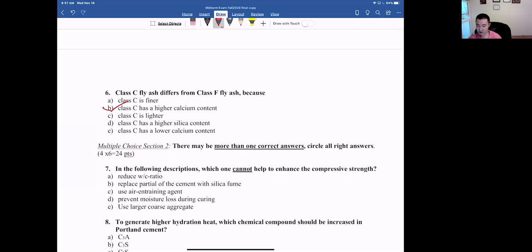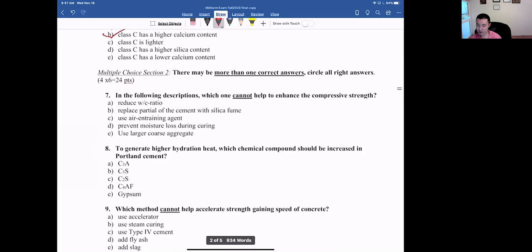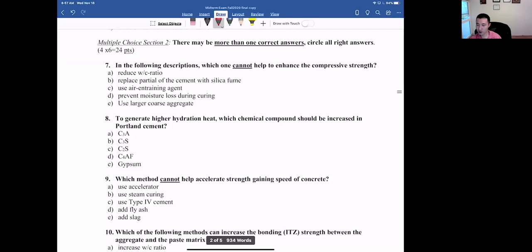For the next multiple choice questions, 7 to 12, we could have more than one correct answer. So question number 7. In the following descriptions, which one cannot help to enhance the strength of concrete? A, reduce the water cement ratio. It can enhance the strength.